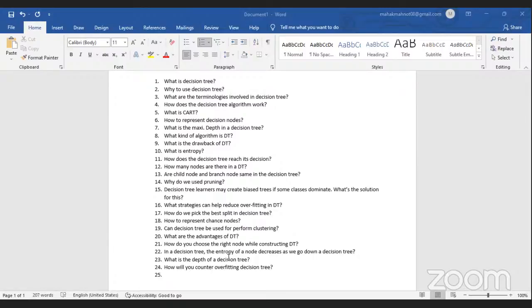Okay. Clear? Pruning has two types, pre-pruning and post-pruning. Pre means before classifying, it stops, and post-pruning means after perfectly classifying the training set.